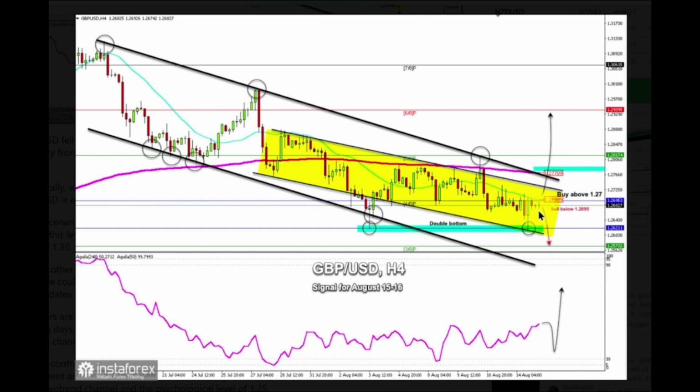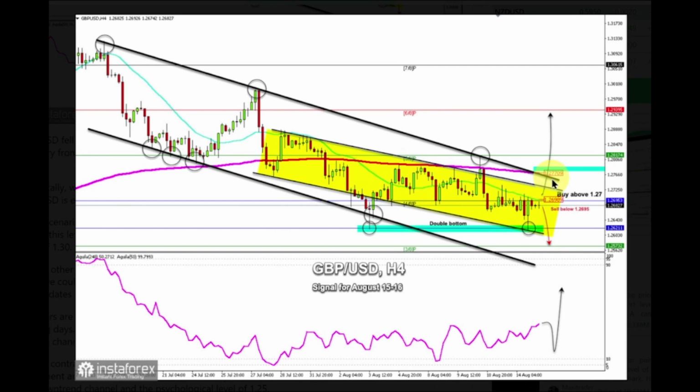On the other hand, strong support is located around 1.2615. As long as GBPUSD remains above this level, we could expect the British pound to recover. The key is to watch that it continues to trade and consolidates above 1.2770.